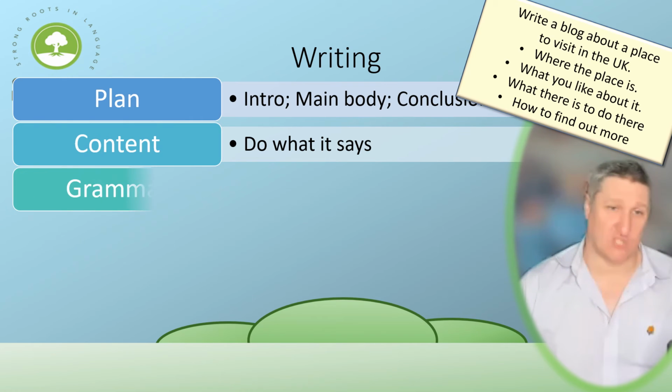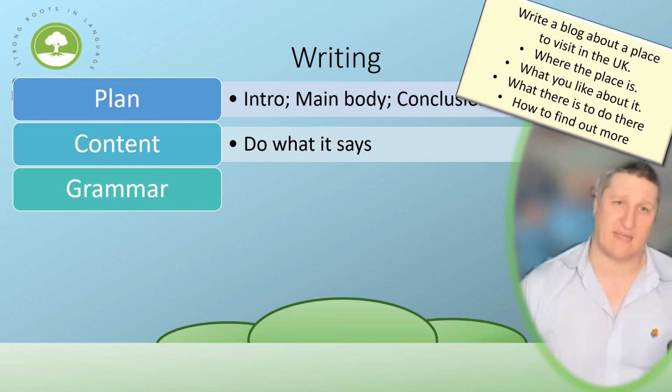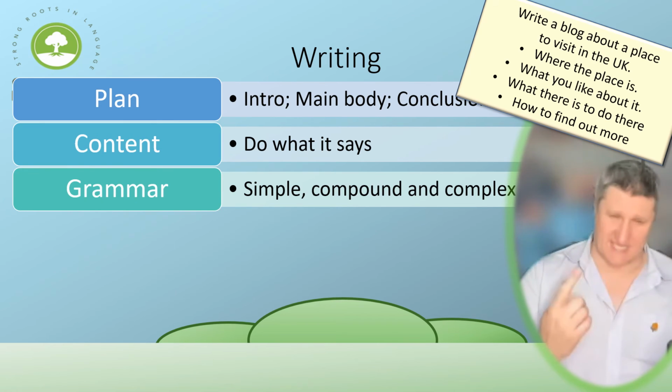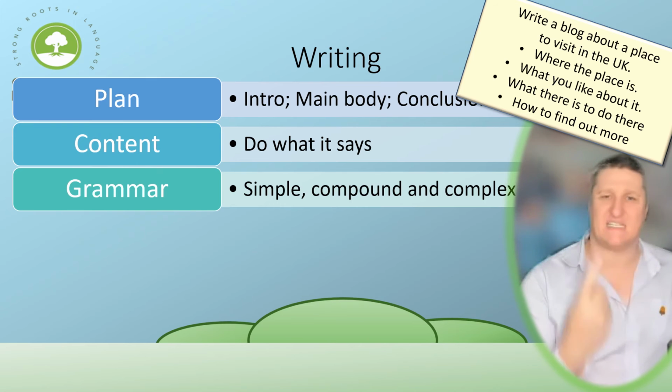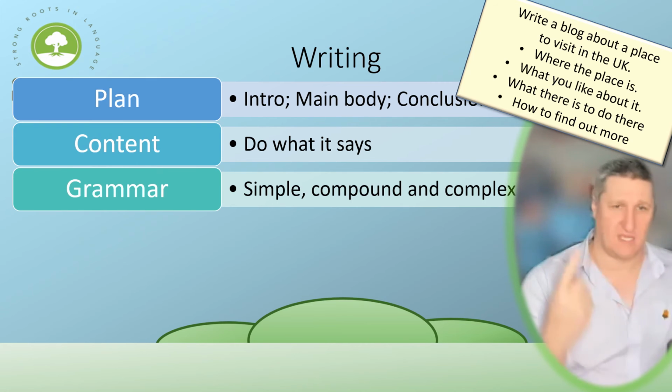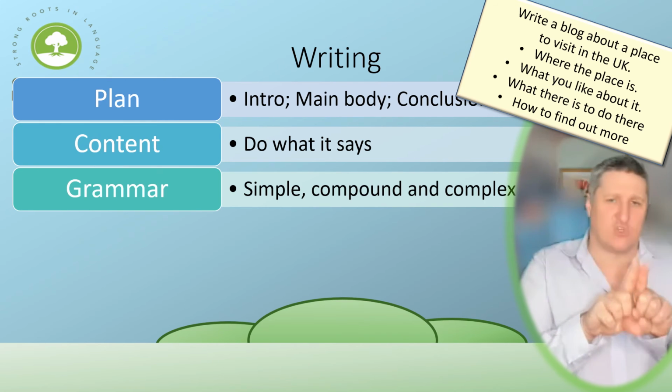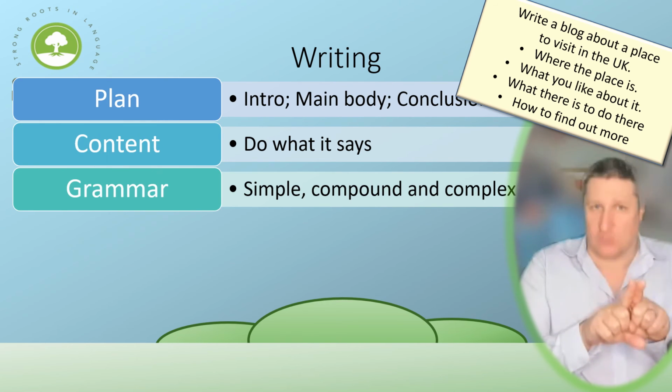Now, you're also marked on grammar. That is, you're marked on producing simple, compound and complex sentences. That is, a simple sentence is 1 independent clause. A compound sentence is 2 independent clauses joined together with and or but.